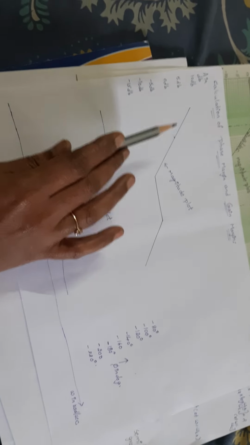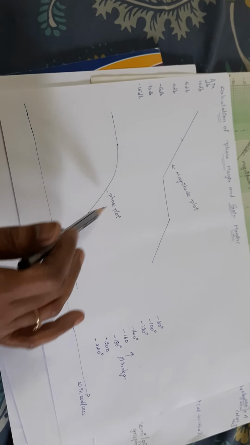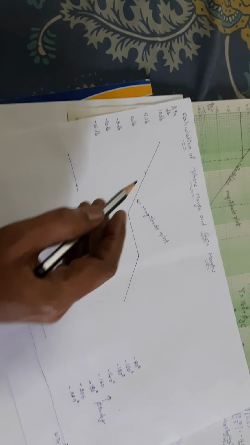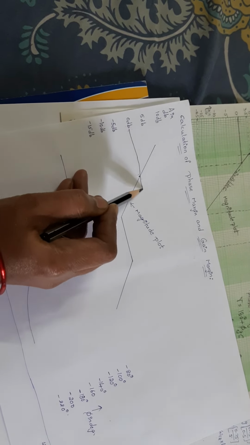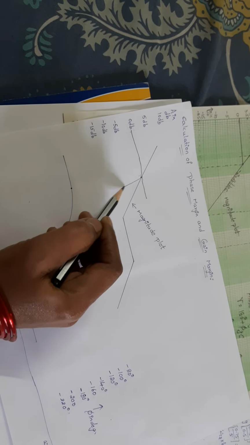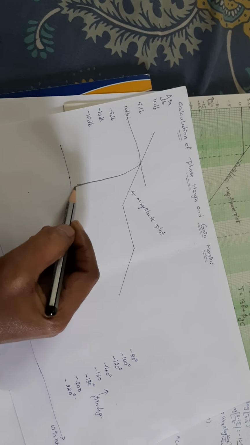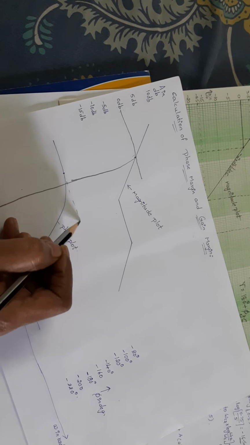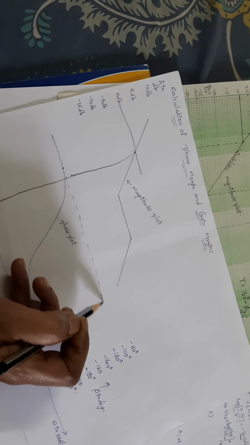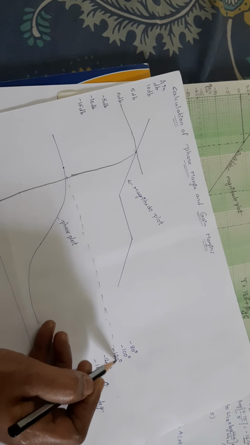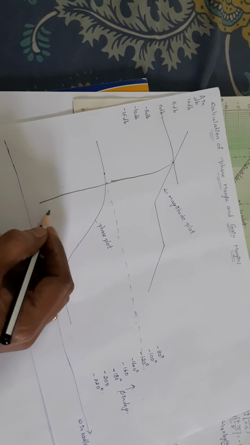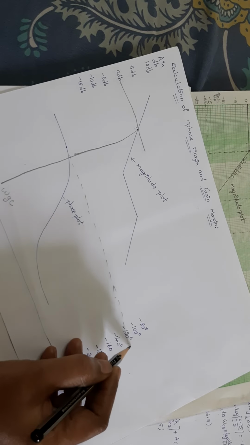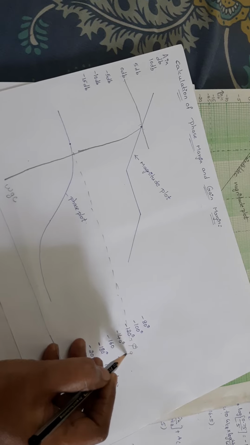I took a graph here as an example. This is a magnitude plot and this is a phase plot. The 0 dB line will touch the phase plot at one point, and you should take the corresponding angle. This line becomes the gain crossover frequency, and this angle is phi GC.